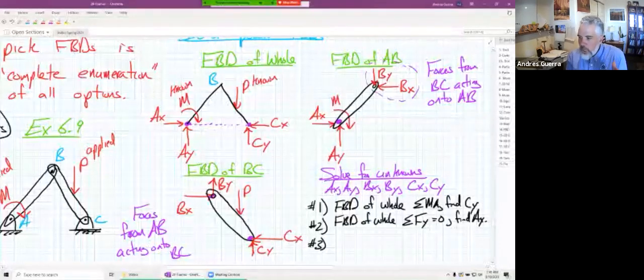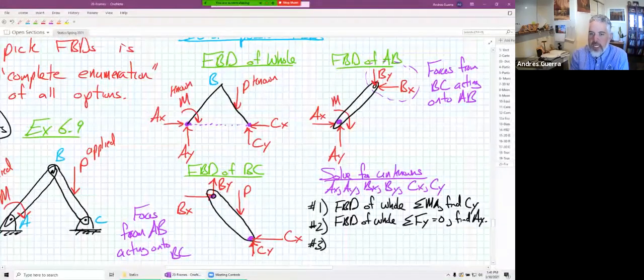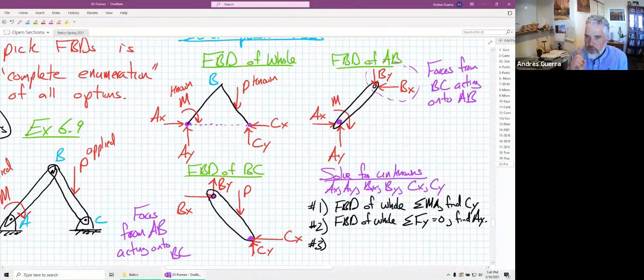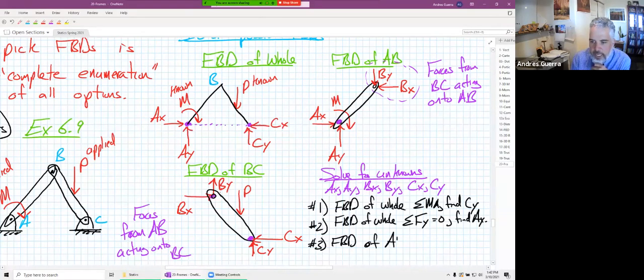Once we figure out that first FBD, these problems usually have multiple paths to finish. But at that first one, there was only one first step that was going to work for us to have at least one equation. There are other ways to do it, but for a nice, easy approach mathematically, without a lot of algebra, the FBD of the whole gave us that one equation with one unknown. And now we're into a bunch of one equation, one unknown problems here. So either an FBD of A to B would work, like Enzo suggested.